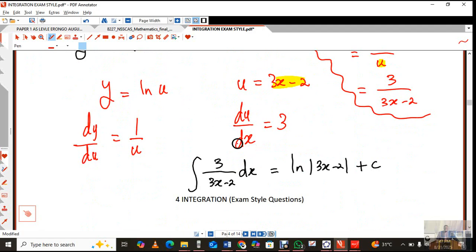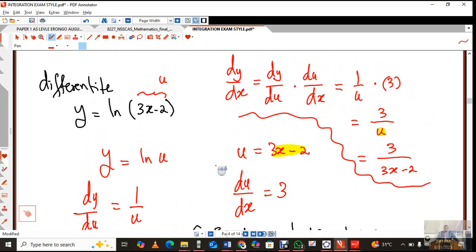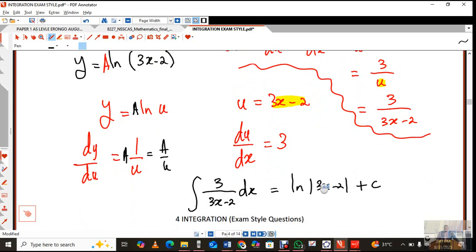Whenever I add a number, like say the number here is a, and I ask you to differentiate that, of course that a is just a constant multiplier, it will come here. Can you see that? And once you have that derivative, it's going to be a over u, right? And when you multiply the two things together, that constant will just come across it.